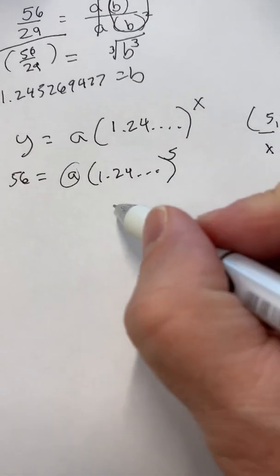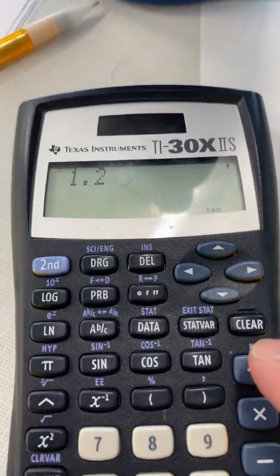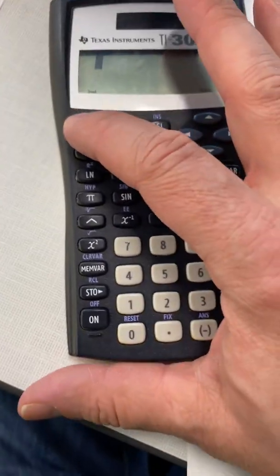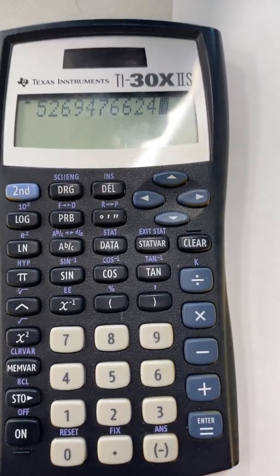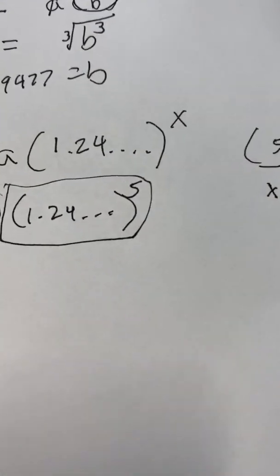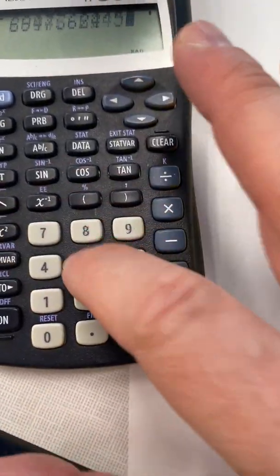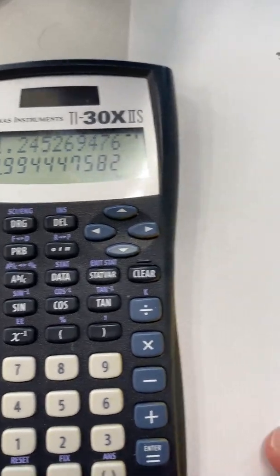Well, how do I do this? I'm going to have to take this 1.24 to the 5th power. So I come over here, if you typed it all out, you can absolutely type it back in. But I'm going to hit second, recall, and I'm going to hit enter. And then I'm going to take that to the 5th power. So caret 5 equals, that's going to be 2.99.